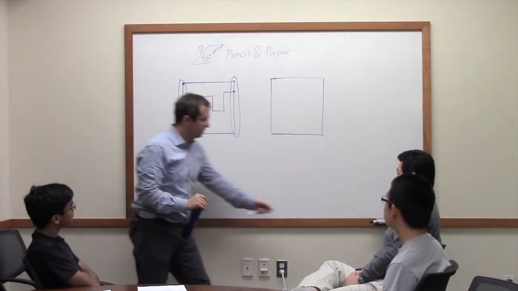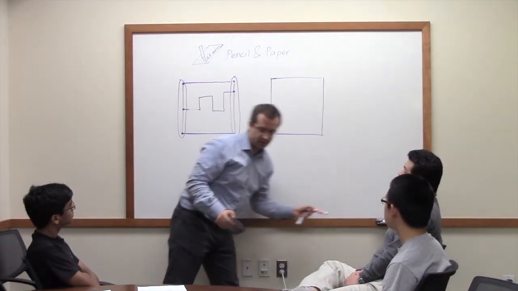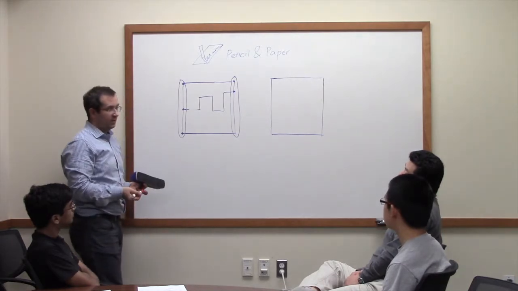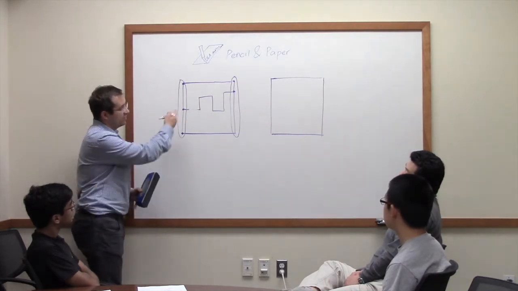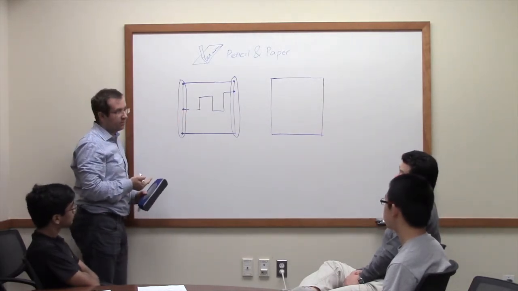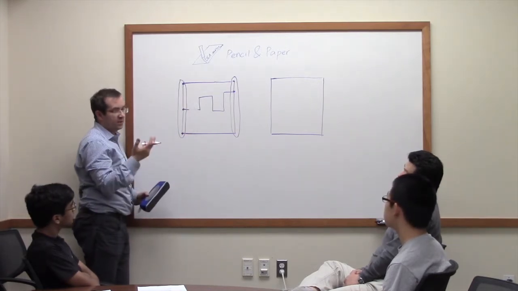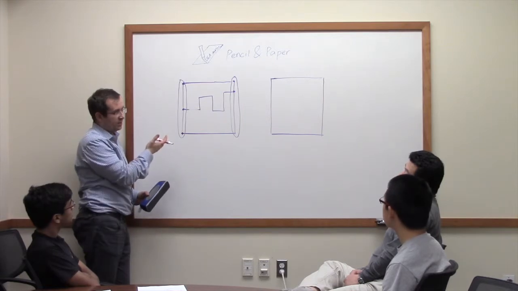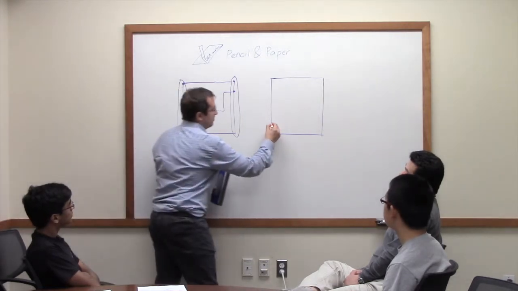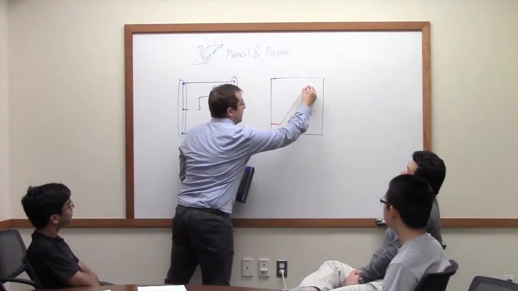So here the argument that we use is an extremal argument, right? We can take a look at the longest side of the two polygons. For this one, there are actually two options depending on our picture.